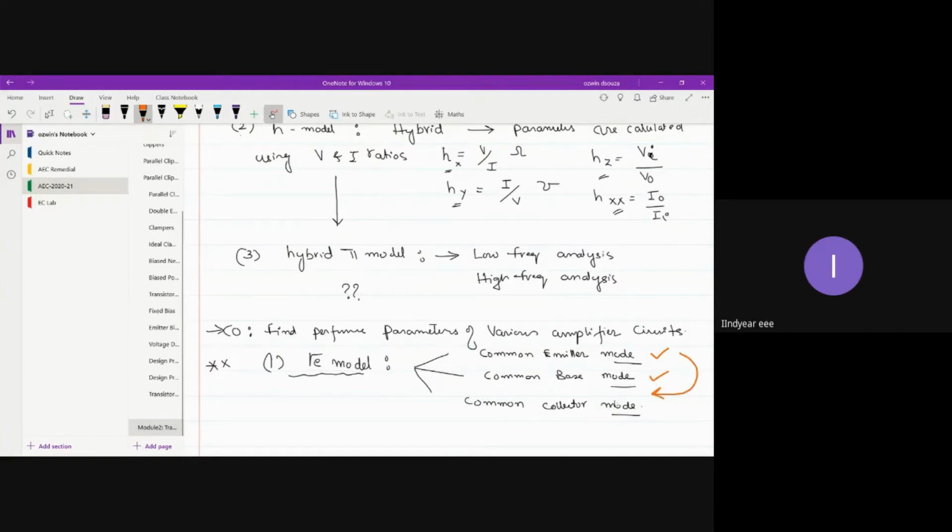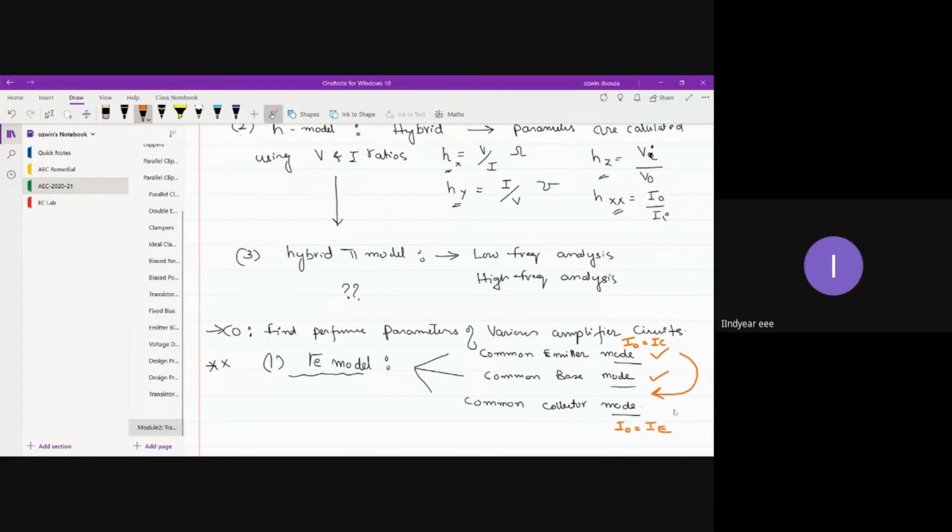That's because you can use the common emitter model for common collector operation also, because the output currents are very close to each other. In common emitter mode, output current Io is IC.